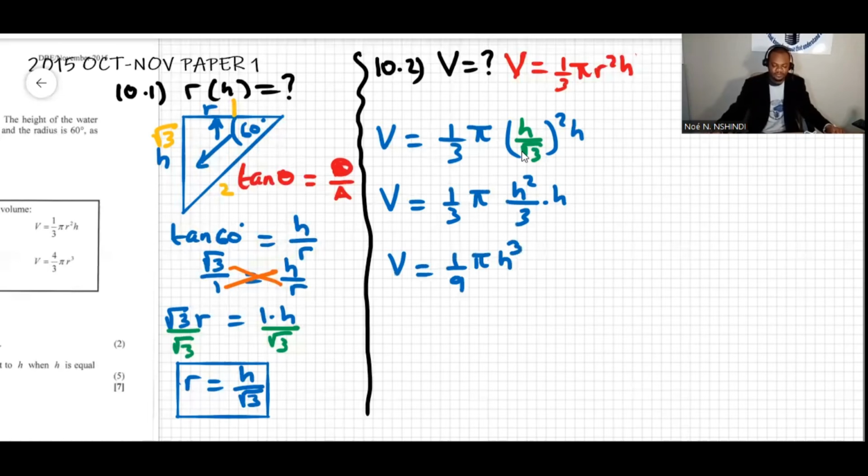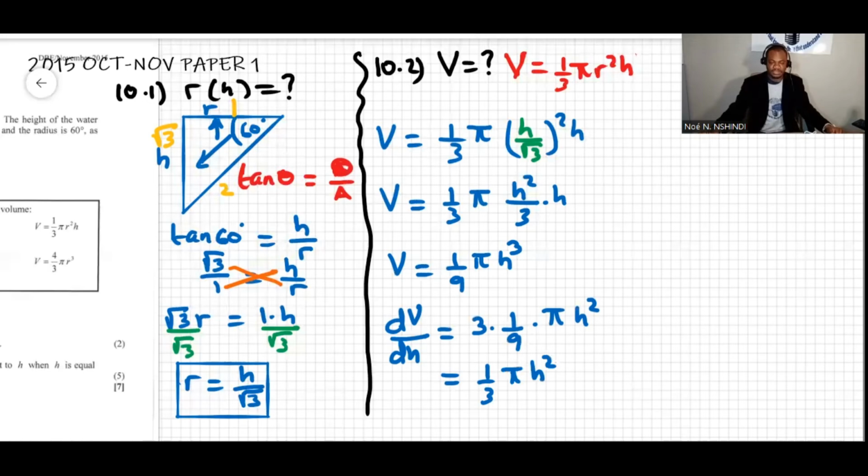Now the derivative of the function of the volume, dV over dh with respect to h, will be 3 times 1/9 times pi h squared, because 3 minus 1 is 2, and this will be 1/3 pi h squared.